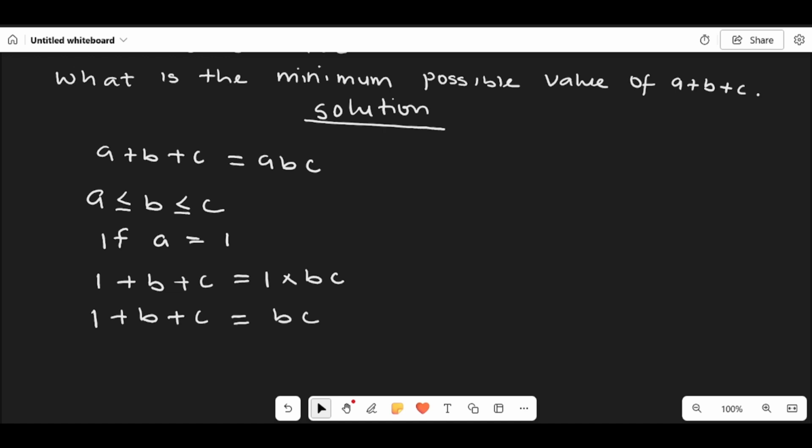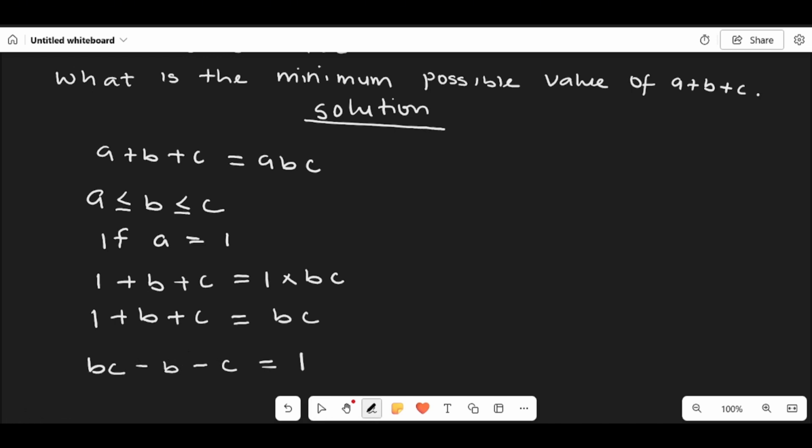Let us move all terms to one side. If we move b and c to the right hand side, this positive sign will turn to negative sign. So we have bc minus b minus c equal to 1.